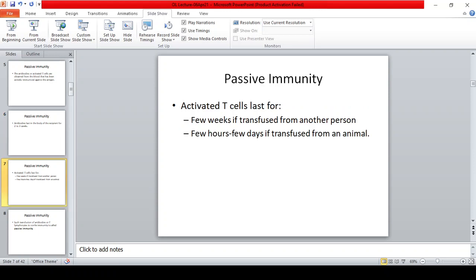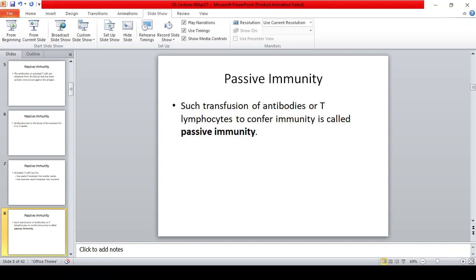Activated T cells, on the other hand, last for few weeks if transfused from another person, or only few hours to few days if transfused from an animal. Now, such transfusion of antibodies or activated T lymphocytes to confer immunity is called passive immunity.